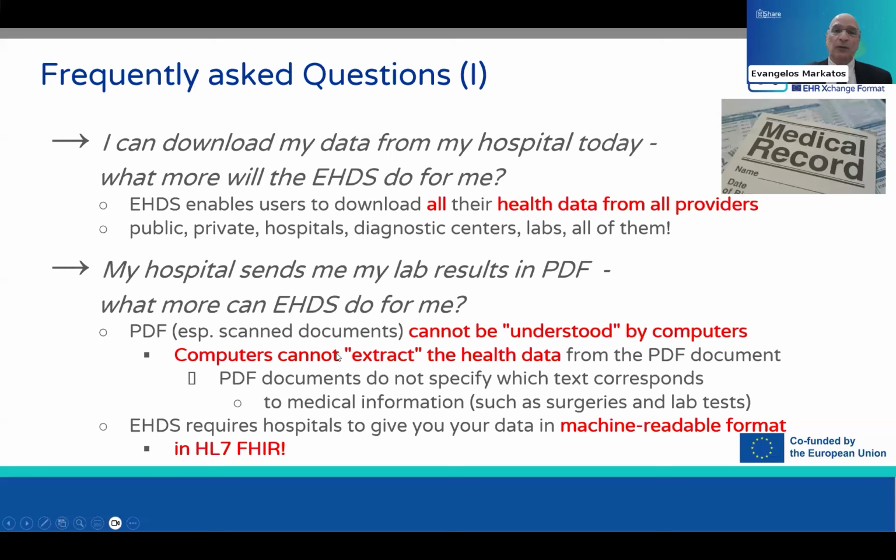That is, computers cannot extract the health data from PDF documents because PDF documents do not specify which text corresponds to medical information like surgeries and lab tests. PDF documents can be printed, but they don't contain that metadata that says this information is about a surgery or this information is about a test.